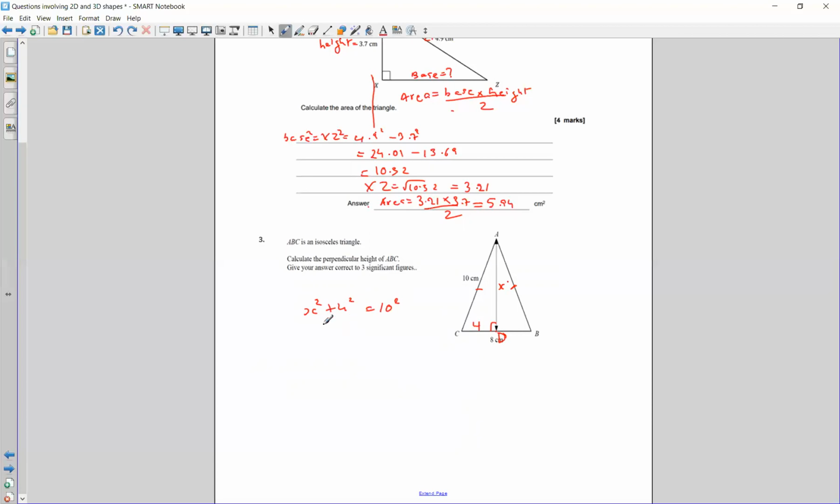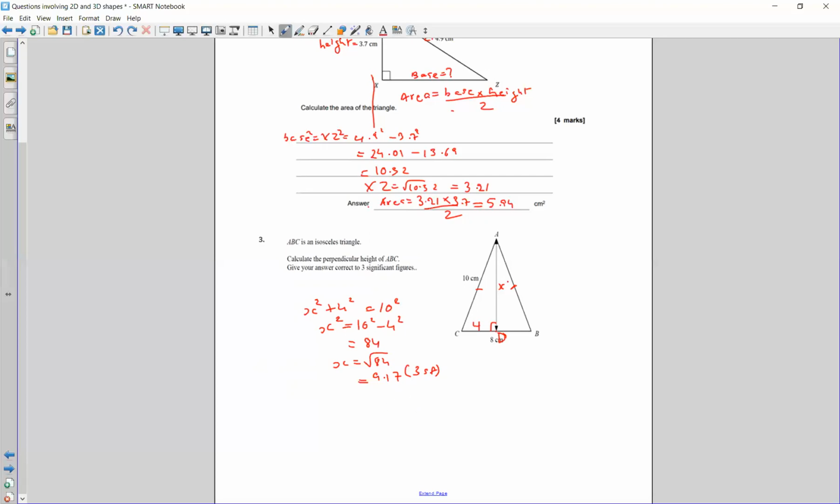That would have given you x squared equals 10 squared minus 4 squared, which is equal to 84. Therefore, to work out x, you would have taken the square root of 84, which is 9.17. Because they asked you to answer in 3 significant figures, you round it off to three numbers, 1, 2, 3, 3 significant figures. I hope you got that.